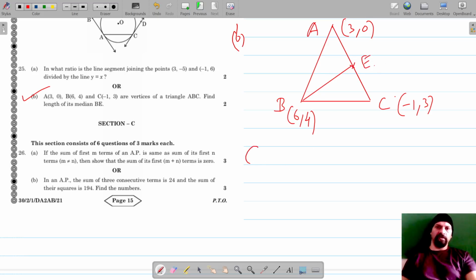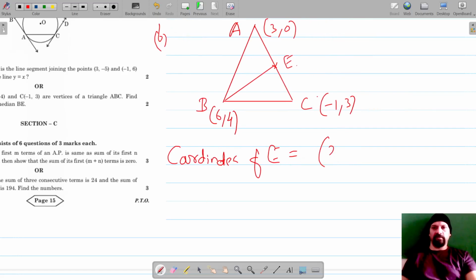So we can find the coordinates of E using the midpoint formula. The midpoint formula says that the coordinates of E are x1 plus x2 by 2, y1 plus y2 by 2.